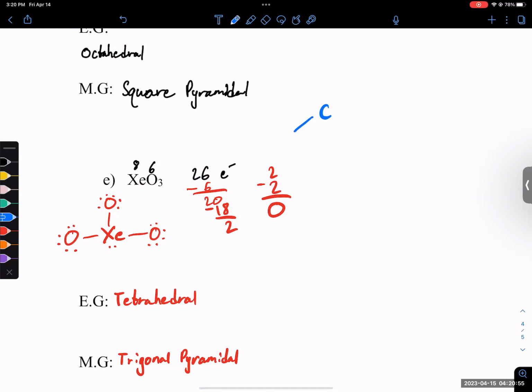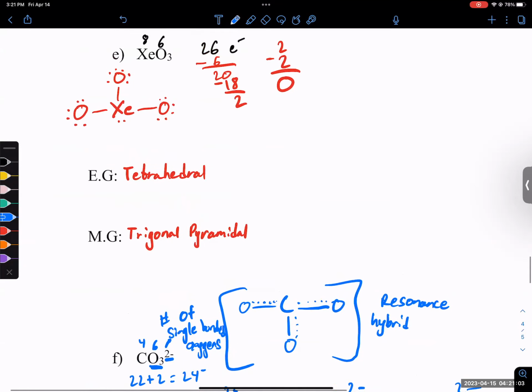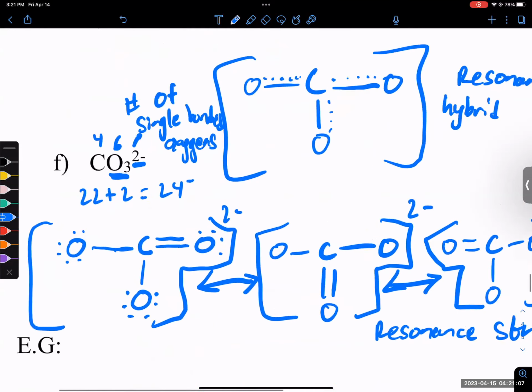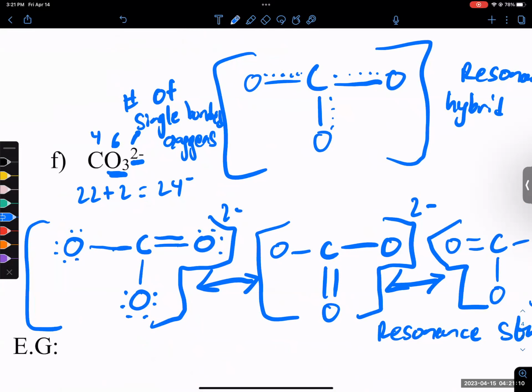For example, with CO2, don't draw it bent, because that implies it's not a 180-degree angle, which it is. But for this one, for now you can draw it wherever you want, but make sure that your angles are at least somewhat correct. Like if it's a 90-degree angle, make it somewhat look like a 90-degree angle. That makes sense?